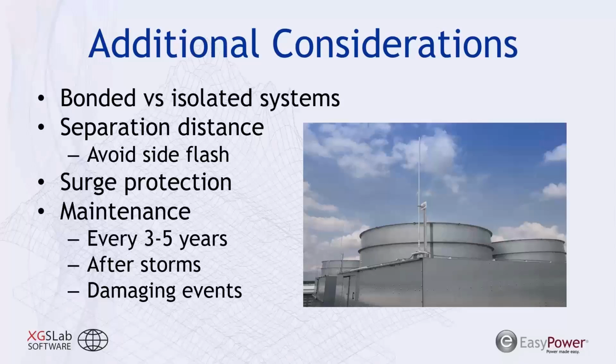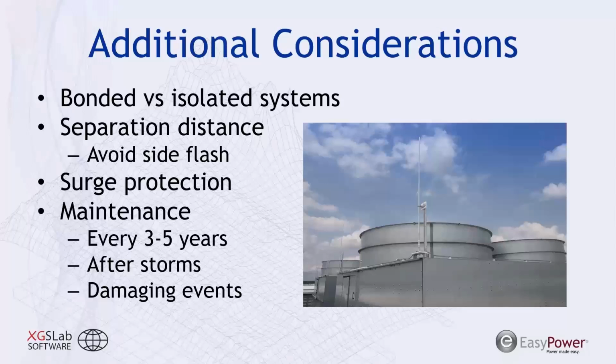You will most likely want to have some sort of maintenance steps every 3 to 5 years at a minimum. Obviously, it's good to provide some sort of inspection of the air terminals, the down leads, the connections, and the earth, the grounding grid after storms to verify that if there was a strike, you are able to identify any damage and provide a replacement for that equipment.